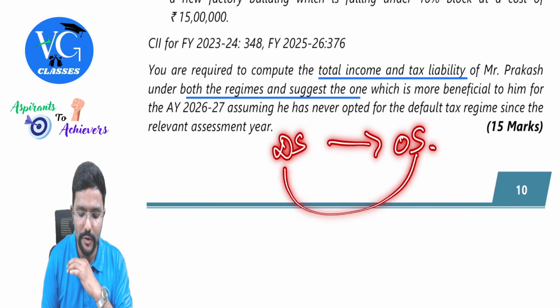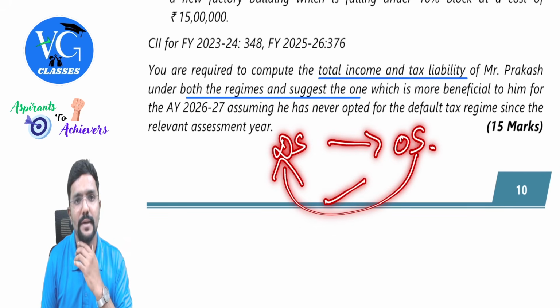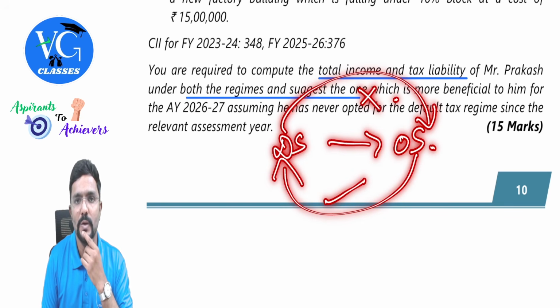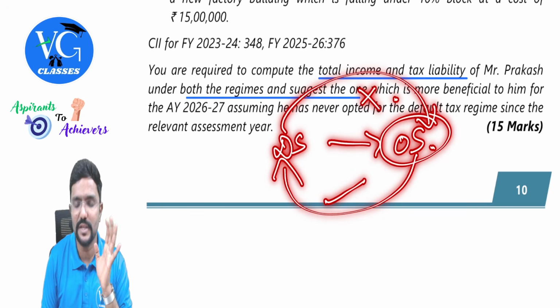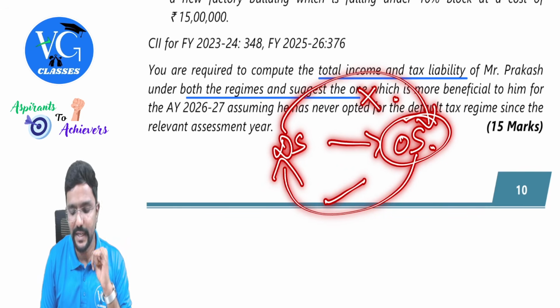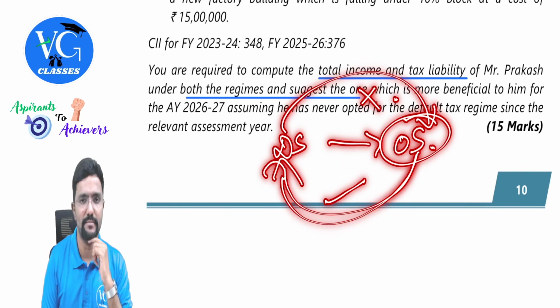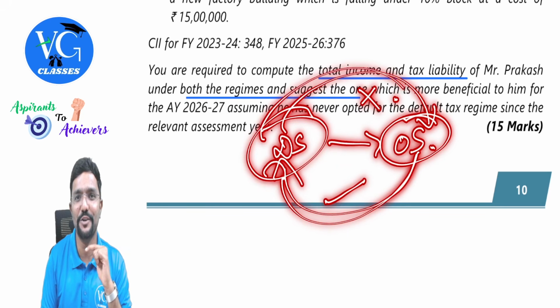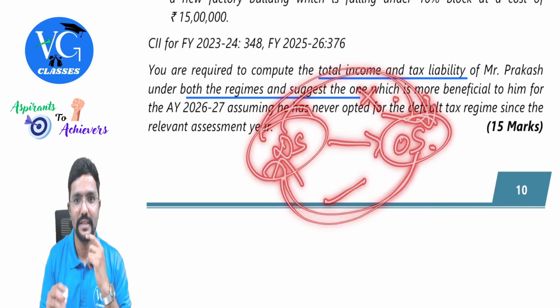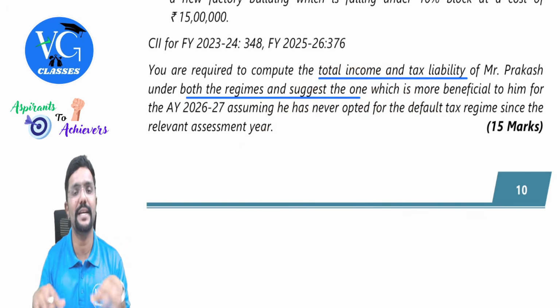And can they come back to the default scheme? Yes, but they can never go back to the optional scheme again. So now, assuming they are under the optional scheme for the first time, they are continuing with that. If they want to in the current year, can they come to the default scheme? Yes, they can come. But if in the current year they come to the default scheme, can they go back to the optional scheme in the future? No. Hope you understood.